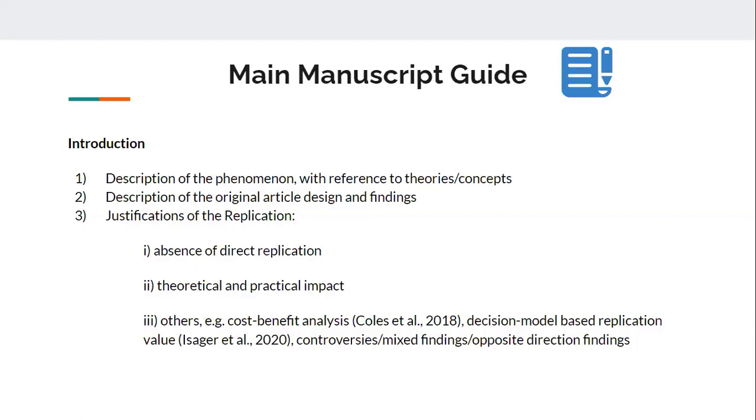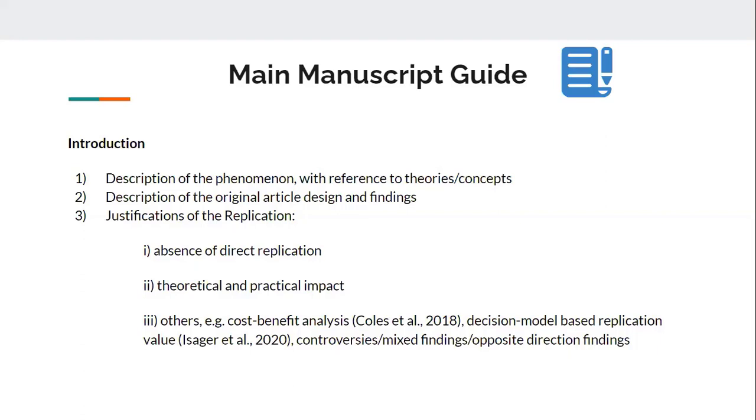Another key justification may be theoretical and practical impact. Just try to check if there are theoretical articles related to the phenomenon in the article, as well as possible practical implications articles. Some of the included articles have health, policy, and environmental implications. Please try to check.